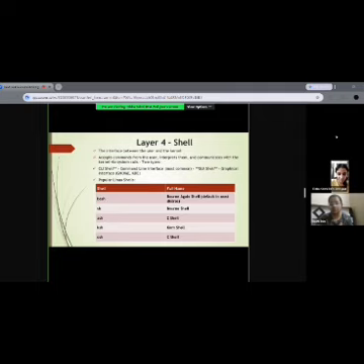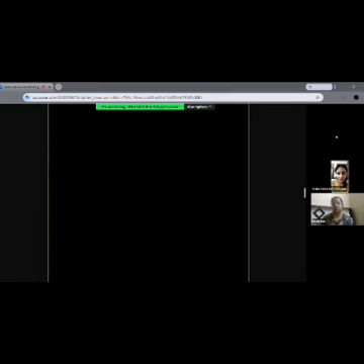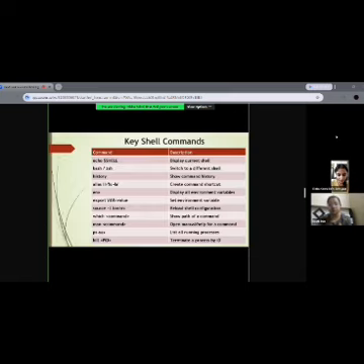There are various examples of shells available, for example bash, sh, zsh, ksh, and csh. We popularly use the Bourne Again Shell, that is the bash shell, and it is the default in many distros. There are various shell commands available, as you can see in the PPT slide, for example echo, bash, history, and various others as well.